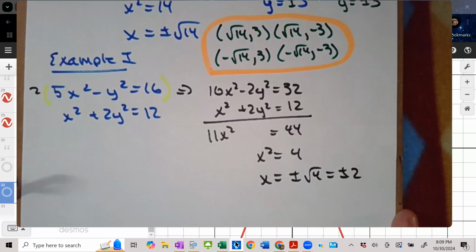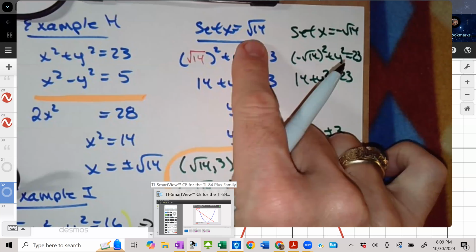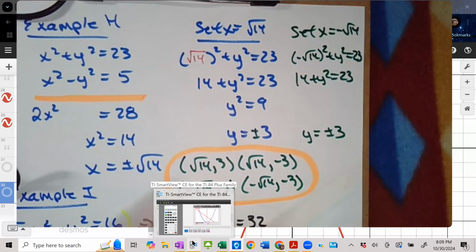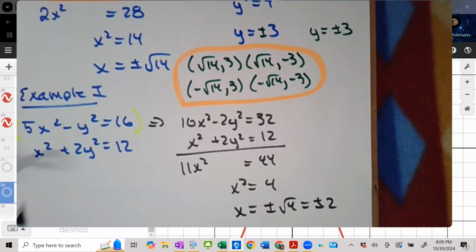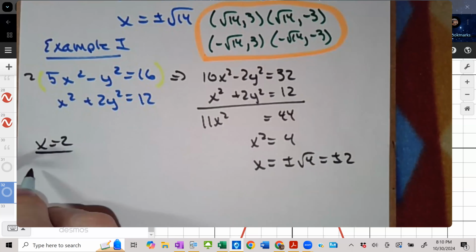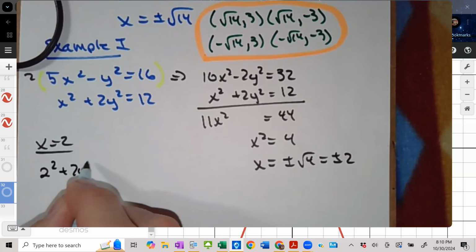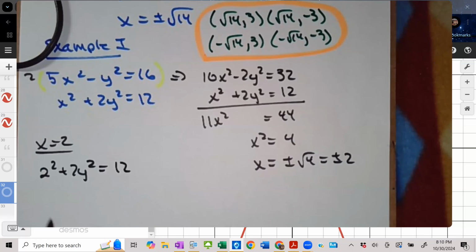So there's 2 solutions. Maybe we can take the same shortcut that we had the last time, because squaring the square root of 14 and squaring the square root of -14 gave us the same thing. If we let x equal 2, let's do that in the bottom equation. That's going to be 2 squared plus 2y squared equals 12.